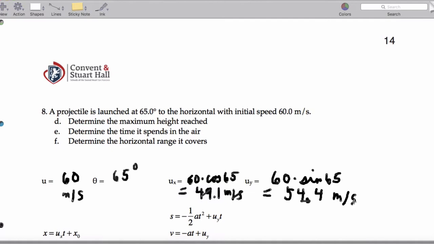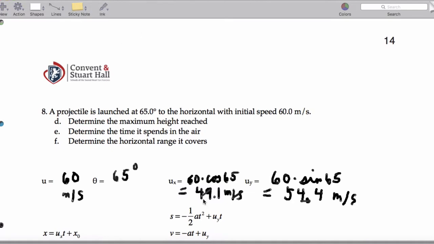Let me try that one more time. So 60 times the cosine of 65. Sorry, I knew there was something wrong with this.